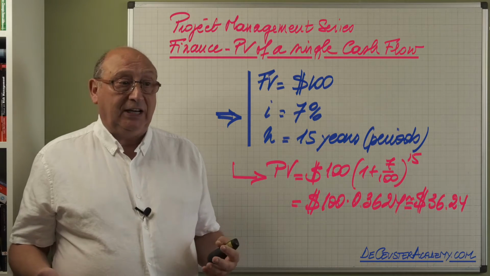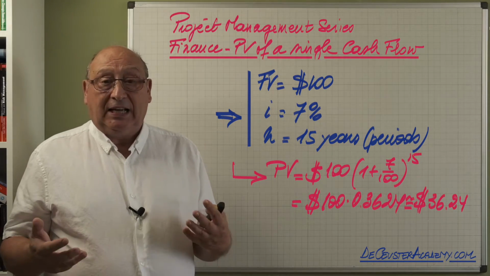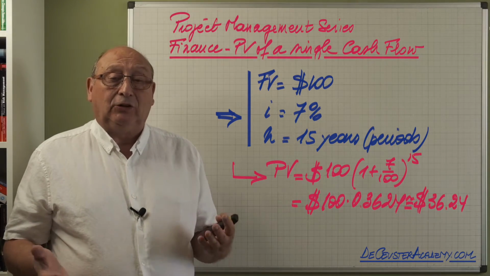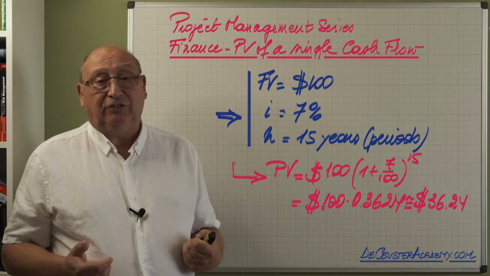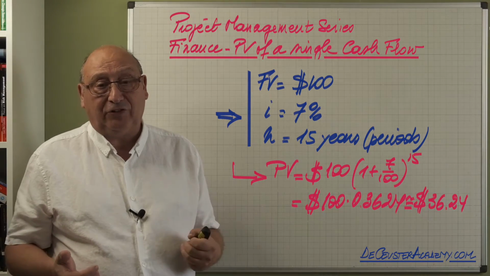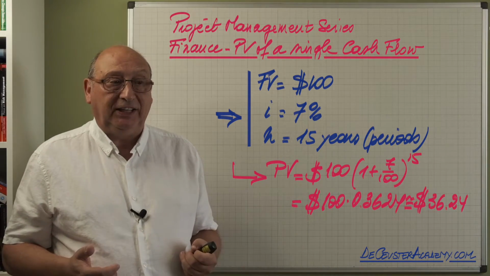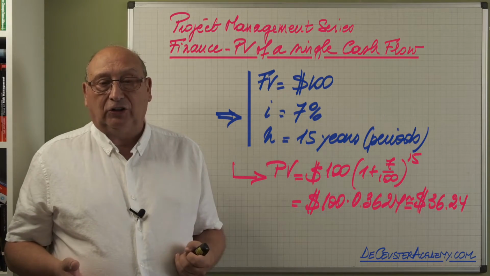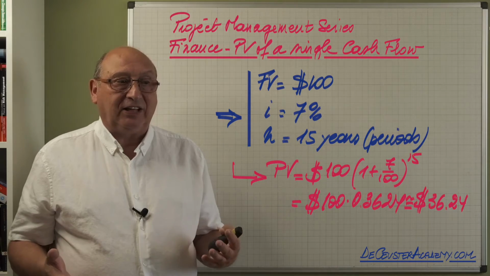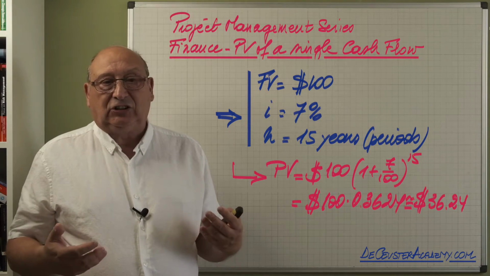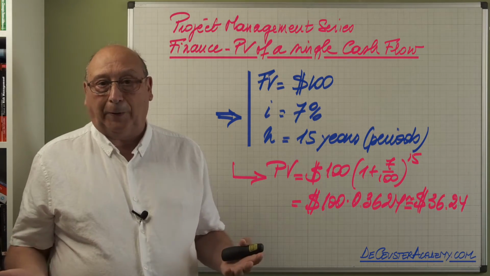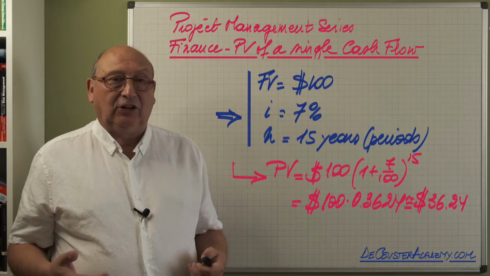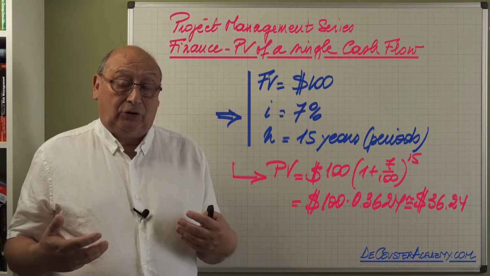The present value is equal to the $100 multiplied by 1 plus 7 divided by 100, 7%, to the power minus 15, and the result is $36.24. So basically the discount factor is 0.3624. These are the calculations that we're going to do, and that's the important thing about the present and the future value.